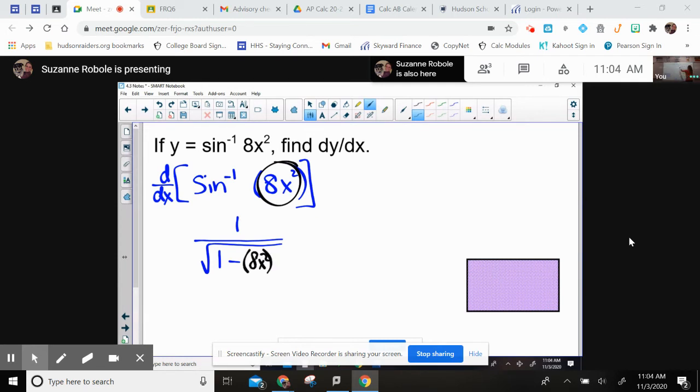So 1 minus u squared, all underneath that, times the derivative of u. So this is like the chain rule. The derivative of u is just 16x. So when we put this all together, we get 16x over square root of 1 minus 64x to the 4th.